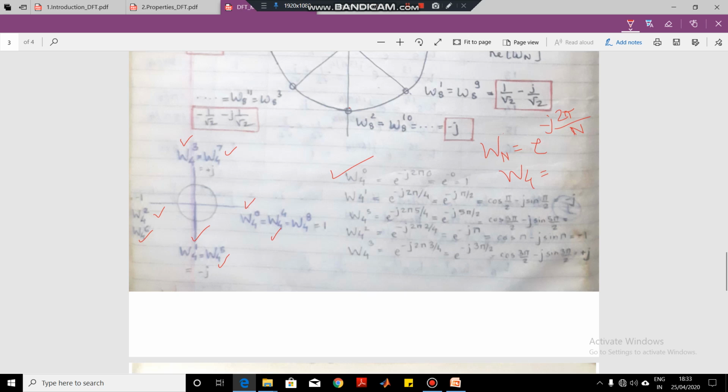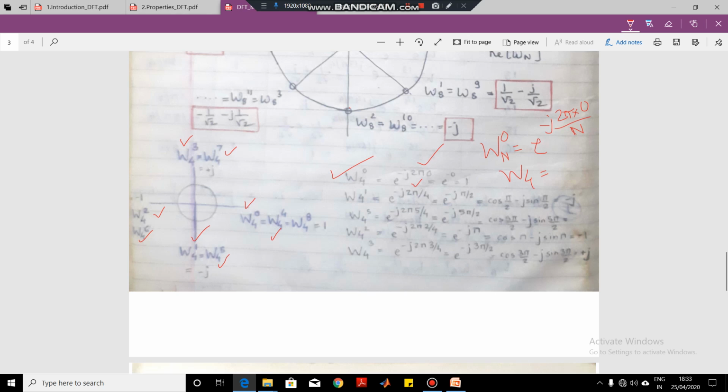If you substitute 0 here, it is nk, so it is 2 pi upon N into 0. So you get e raised to minus j 2 pi times 0, which is 1. If you put W41, it will be e raised to minus j 2 pi upon 4, because here it is 1. Similarly, you can go on computing W42, W43 and so on.